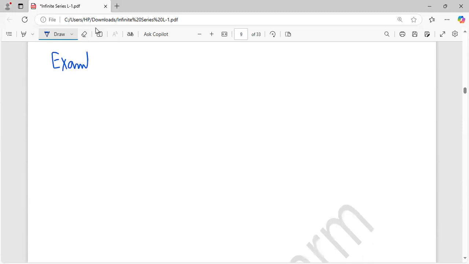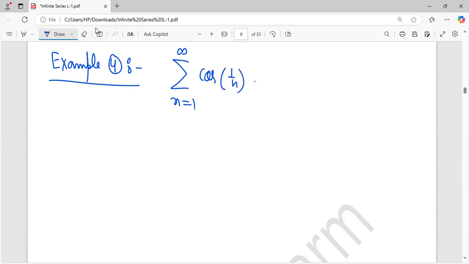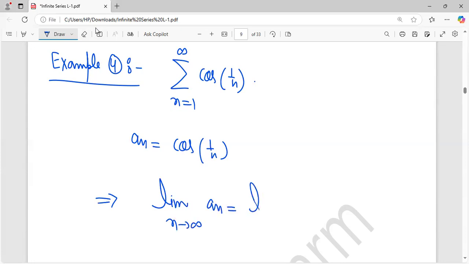Example 4. This series, summation n goes from 1 to infinity of cos(1/n). Now an is equal to cos(1/n). So what is the limit as n tends to infinity of an? It is the limit of cos(1/n), that is cos 0, and the value of cos 0 is 1.